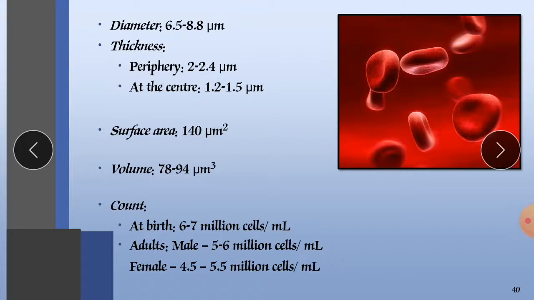Now at birth, 6 to 7 million cells per ml is the RBC count, but in adults it declines to 5 to 6 millions per ml in case of male, and in case of female 4.5 to 5.5 millions per ml.